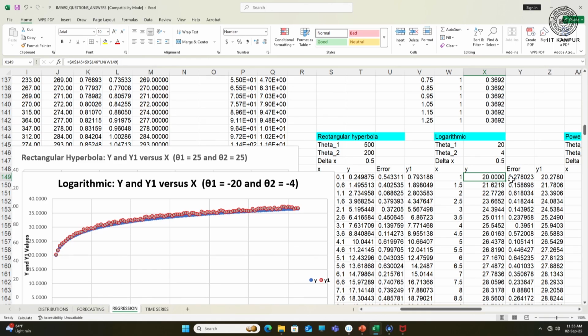So the first value is 20, the next value is 21.6219 and it goes on for each value. The error term is basically the random variable generated, as I just explained, and y1 is the simulated data: the best fit line added to the error gives you the data points. So, when I plot it, we get the graph which I have shown.